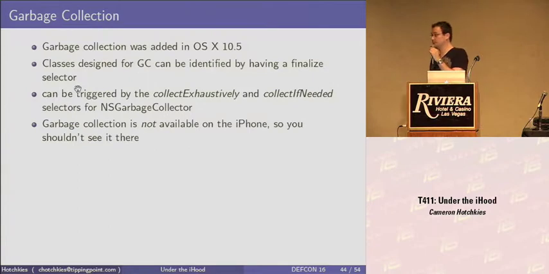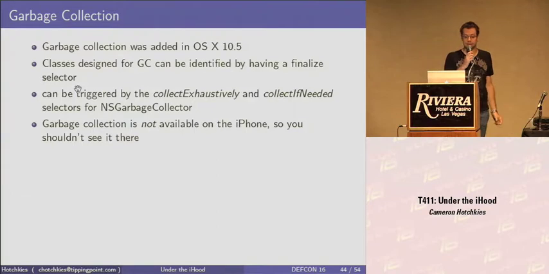Garbage collection. This was added in OS X 10.5, the most recent version, and I haven't seen it used very much yet, but you'll probably start to see it used a little more because then people don't have to worry about calling release and retain as much, and developers tend to be really lazy. I know I was for a while, and I am lazy.